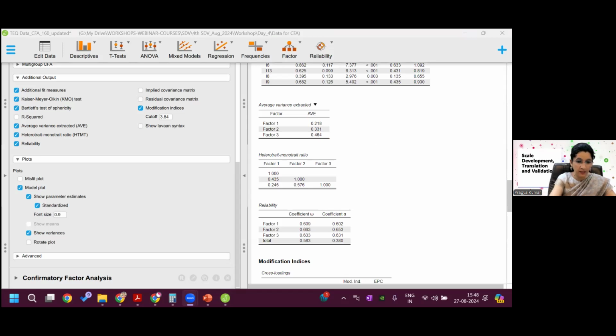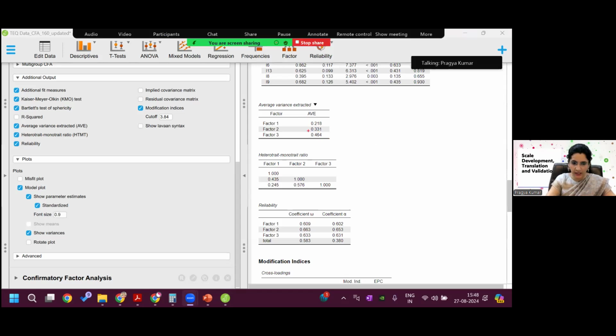which is item 8 and 9. Here you can see 0.46. Otherwise, in other cases, for convergent validity, there are two types of construct validity, convergent and discriminant. So convergent validity is not met. Before heterotrait-monotrait, we will comment on this.